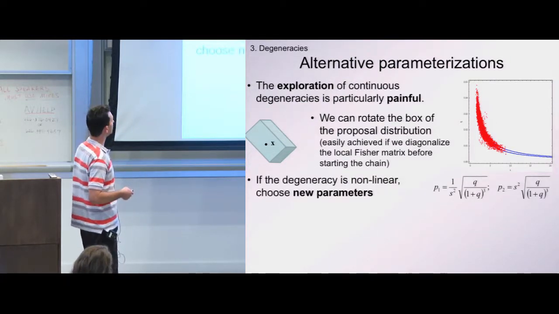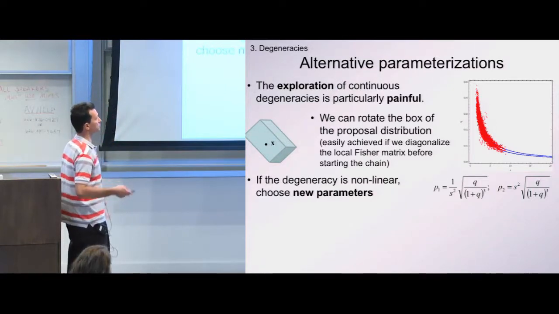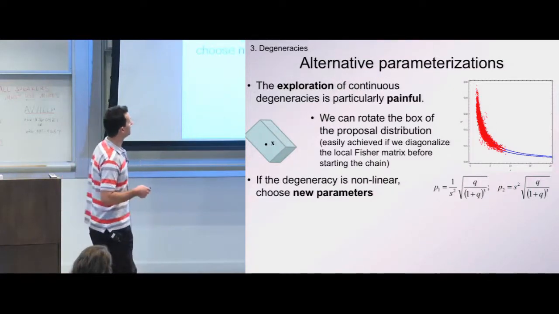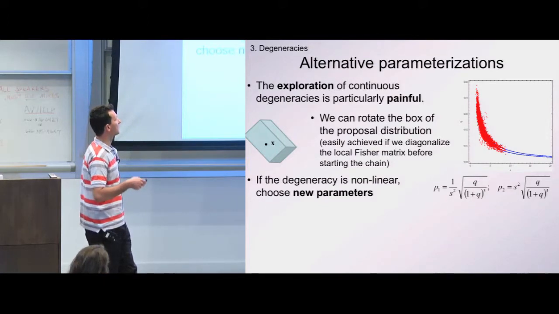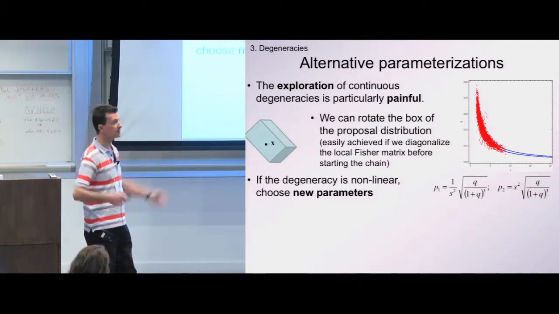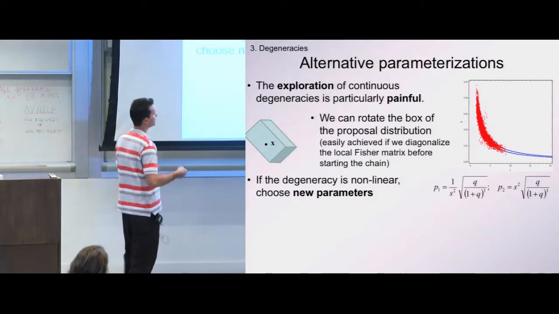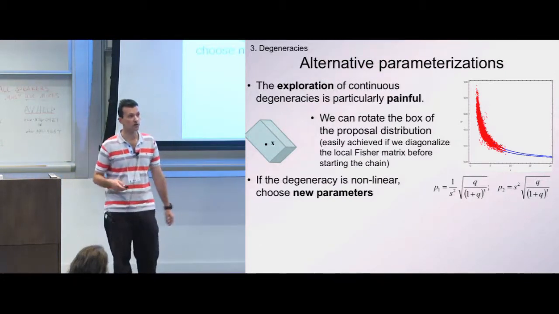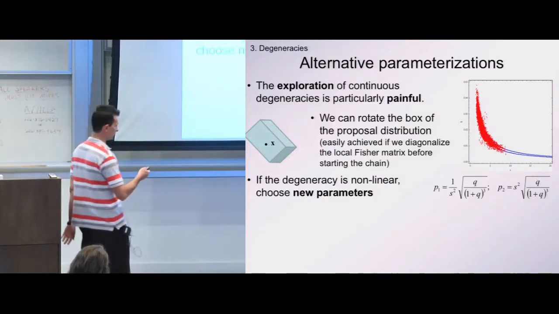If the degeneracy is non-linear, then this trick doesn't work. And what you have to do is choose different parameters. If you choose different parameters, such as these ones, then this banana shape here will become more or less straight. And then this trick will work. So going to new parameters is sometimes useful in order to explore these continuous degeneracies in the nonlinear case.